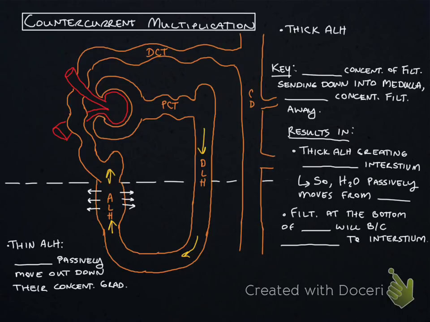It's multiplication because the saltiness, the concentration of the medulla, drives water to be passively reabsorbed in the descending loop of Henle. Let me say that again. It's multiplication because the saltiness of the medulla drives water to be passively reabsorbed in the descending loop of Henle. Okay, remember what reabsorption is.